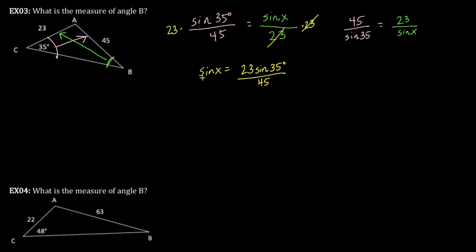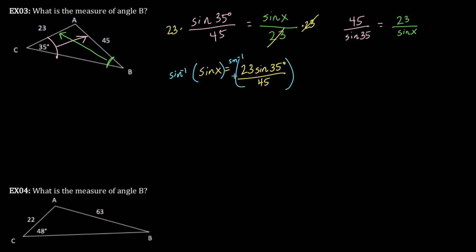And so I have to inverse sine this, right? So I'm going to inverse sine. Like I said, no one really writes it this way, but I prefer to write it this way.